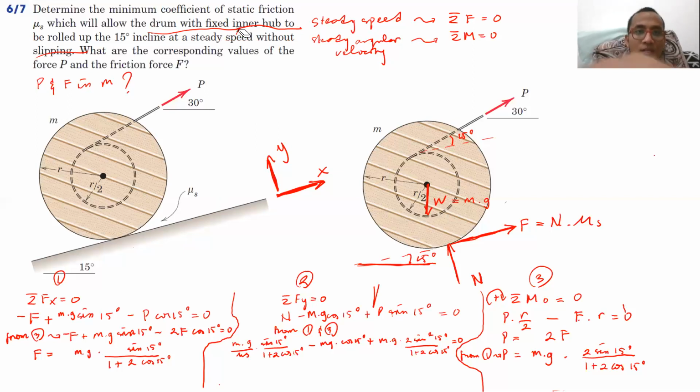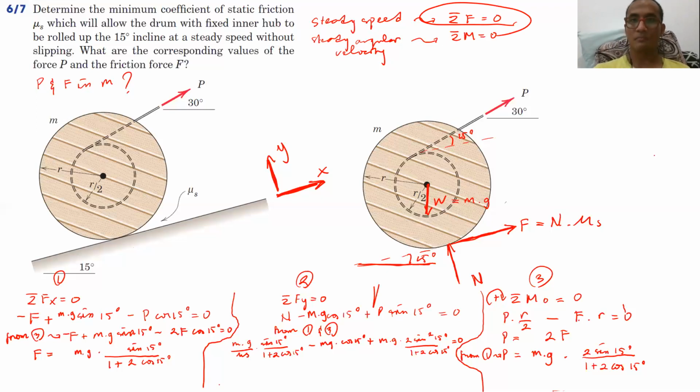Okay, steady speed without slipping. What's the meaning of steady speed? If you recall what you learned in physics, last semester's physics and physics in your high school, whenever it is at a steady speed, it means that the sigma F which is happening there is supposed to be 0.